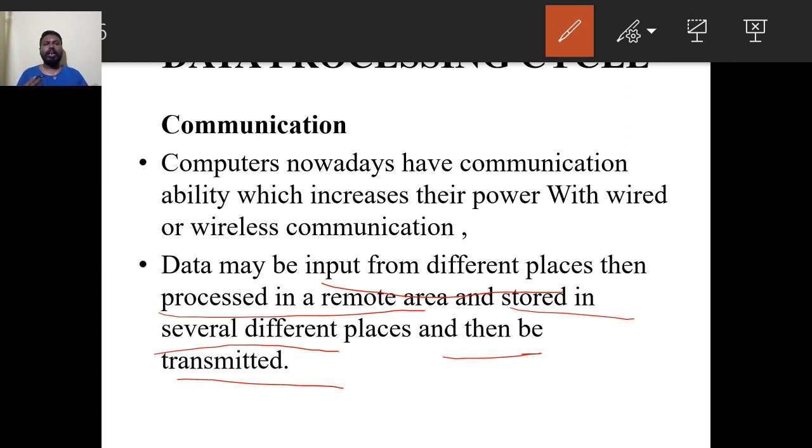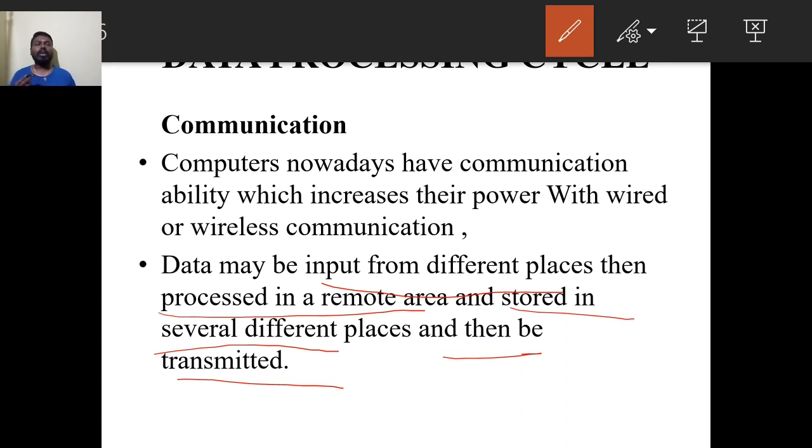We cannot predict that all the processes will be done in a single system, meaning only one system. All the stages may be done in remote areas. So the input may come from some other places, the process will be done in other places, and we can store the data somewhere else, and send the data to different places.